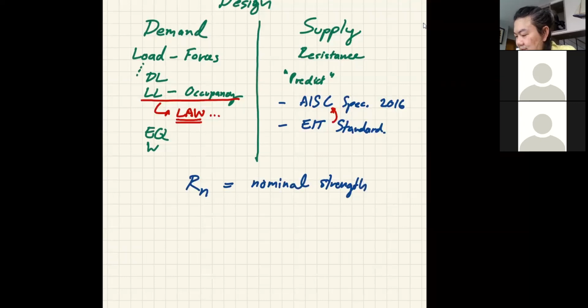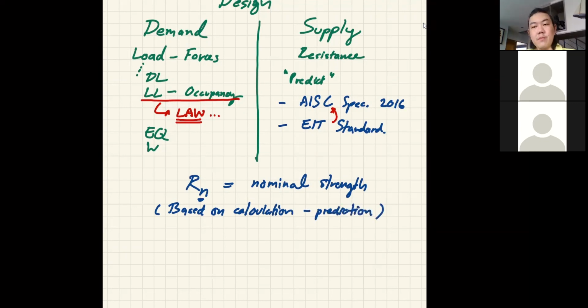You can say it's N. This is based on calculation, or you can say prediction or predicted strength. Okay, so let me ask you guys, is it a good idea to use the predicted strength to design the structure?